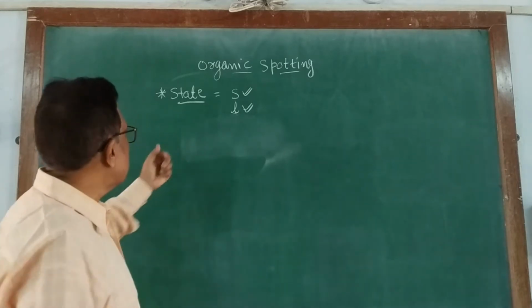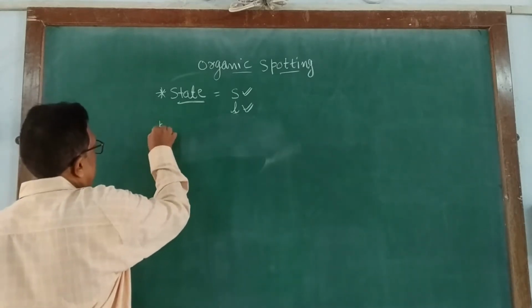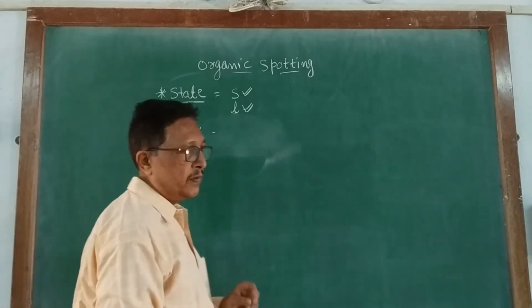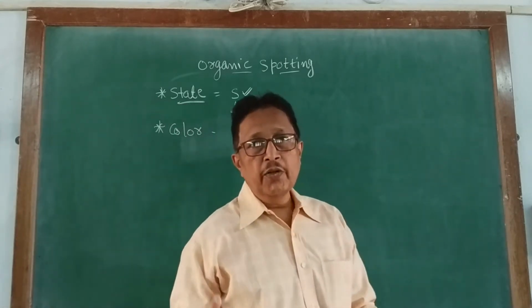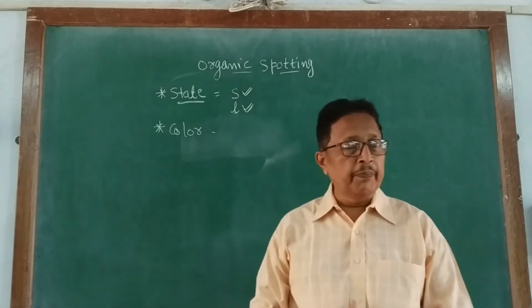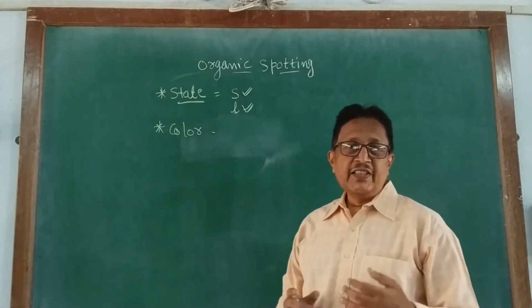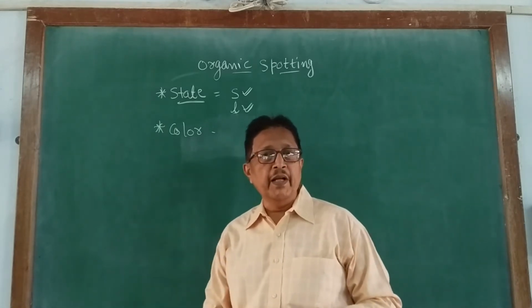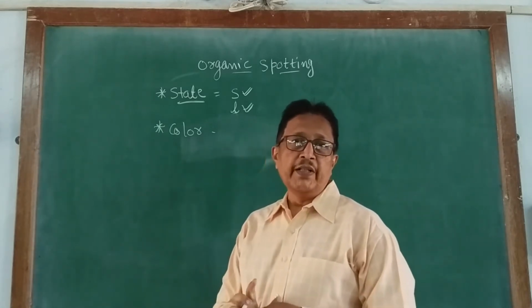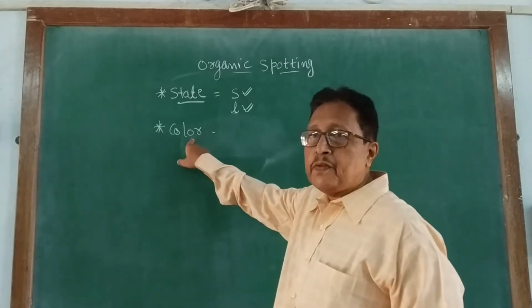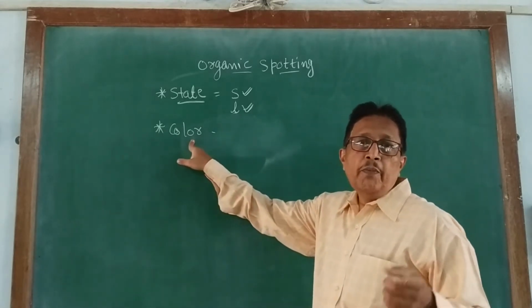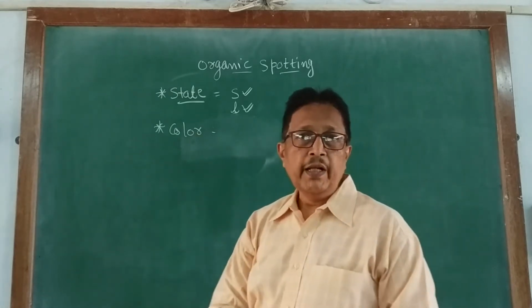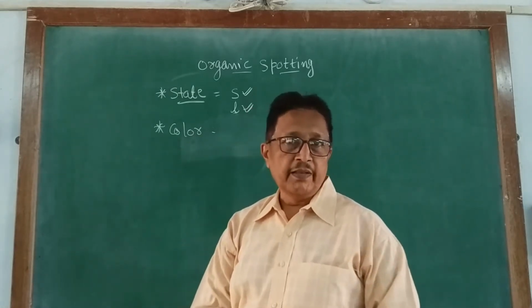Now after state, it is the color of the substance. Generally you are matching-aware people, you know which type of pant to wear according to which shirt. But when a substance is given to you, you may not recognize the color, and generally students lack confidence.